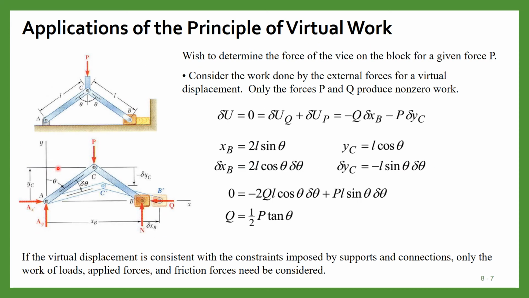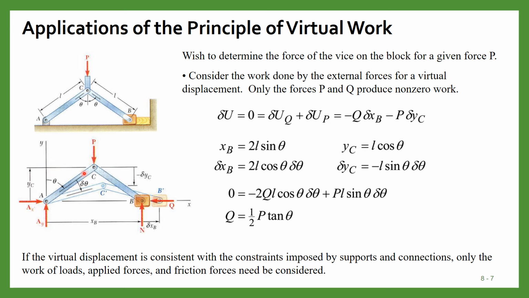Now how can we apply this principle of virtual work? Suppose this is a body, and there are two rigid bodies, AC and BC, and suppose P is the external force which is acting, and the initial angle between this line and the rigid body is theta.